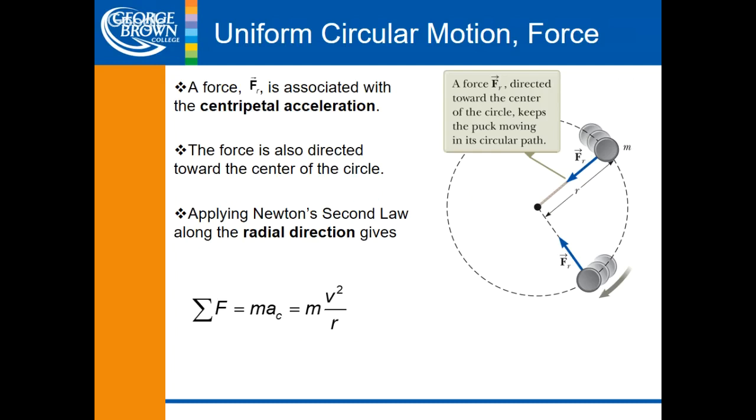So basically what they're saying is, since force is equal to mass times acceleration, then when it comes to centripetal force or uniform circular motion, we can say that force is equal to mass times v squared over r, right? Or mv squared over r is the short form for saying that, right?